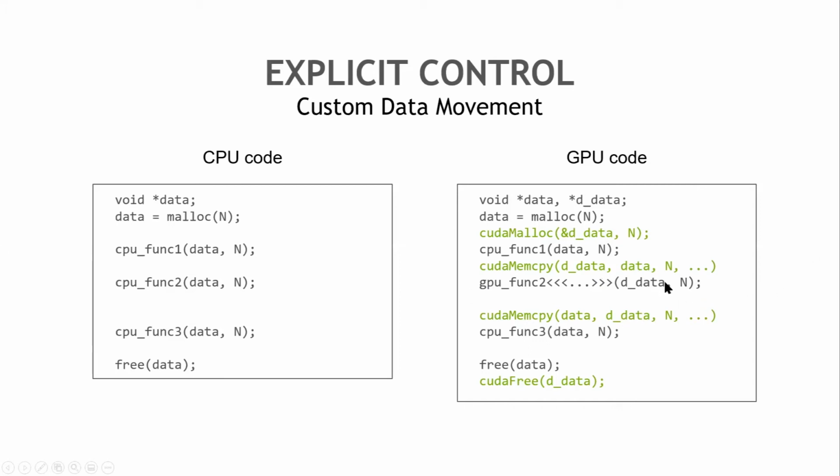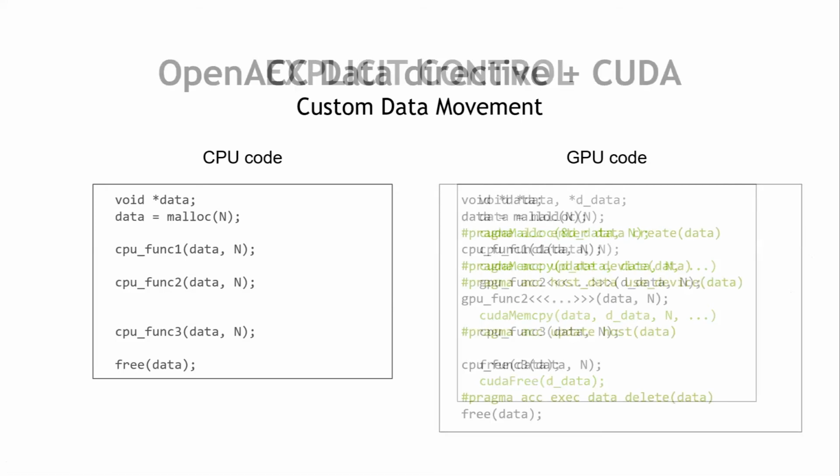Then you call your function, and at the end you do another memcpy call to retrieve the data, and then you free your pointer. That's something that's very hard to do, and that's what Nvidia has been working on.